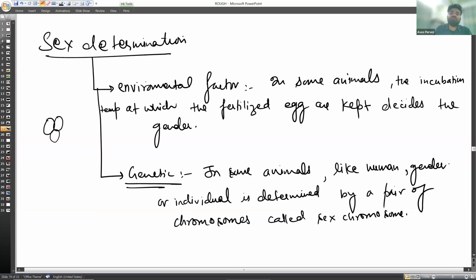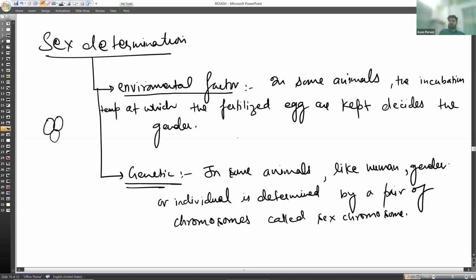So for sex determination there can be environmental factors also, meaning temperature, and in animals like human beings, there are genes responsible for sex determination of the male and female child. Please note it down. In some animals, the incubation temperature at which the fertilized egg is kept decides the gender.